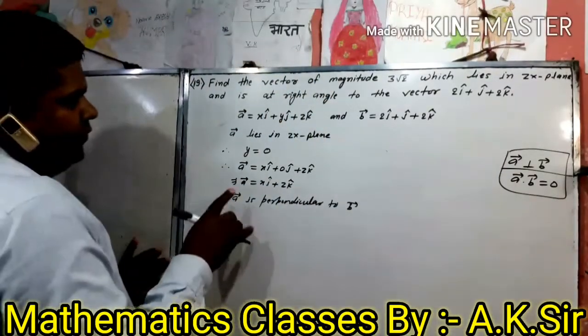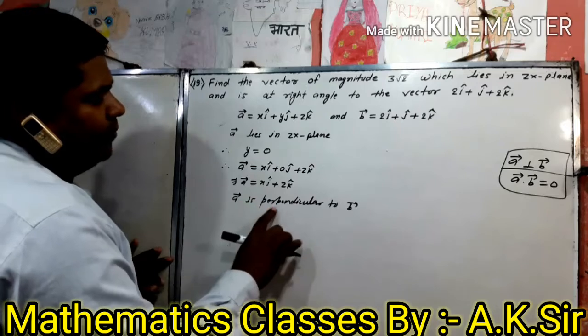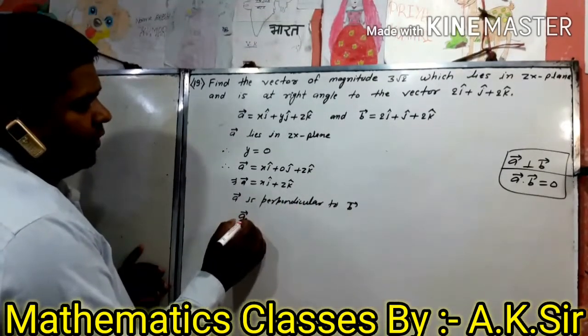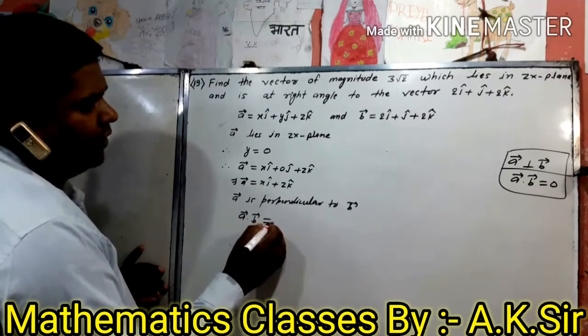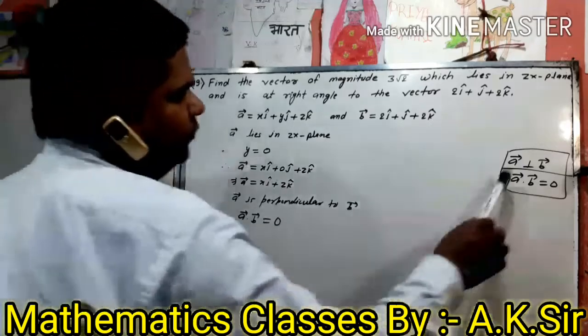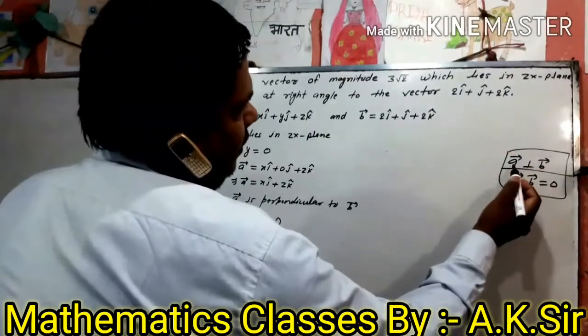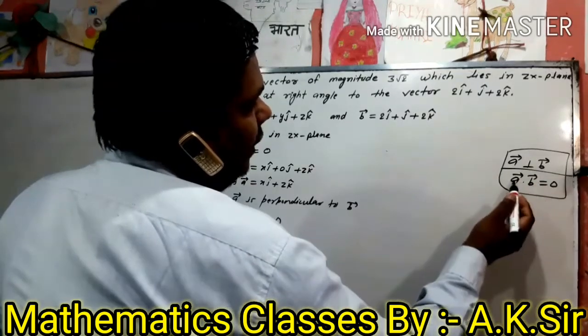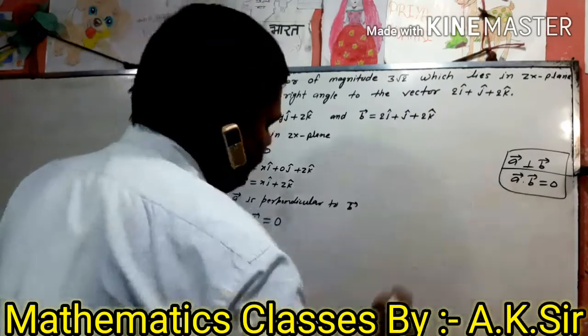Here they say a vector is perpendicular to b vector, which means a vector dot b vector is equal to 0. According to this formula, if a vector is perpendicular to b vector, then a vector dot b vector is equal to 0.